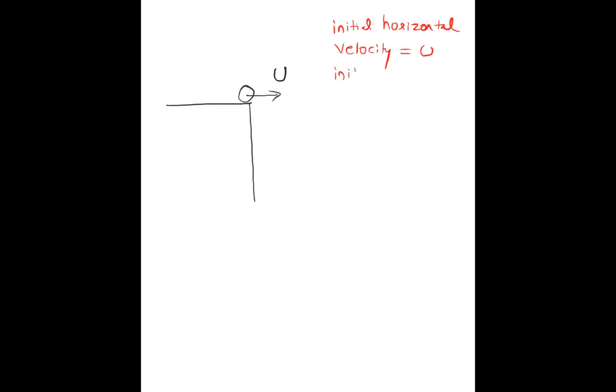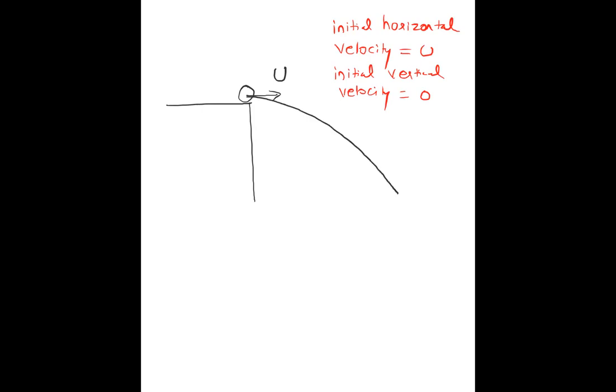Initial vertical velocity is 0. And when you throw an object in such a manner, the object will traverse a projectile trajectory.